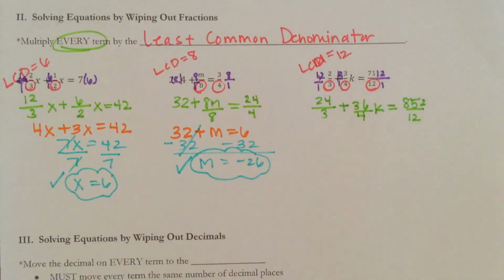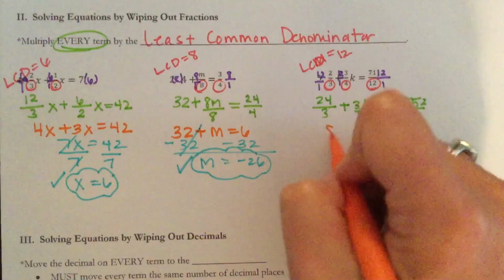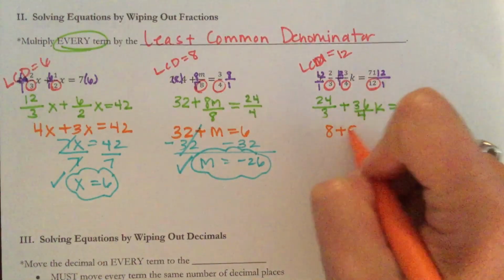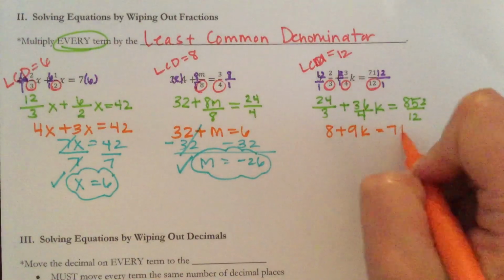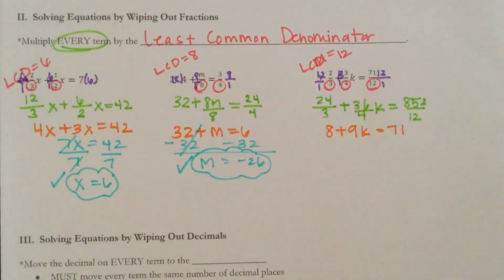Again, if we have done things correctly, we should be able to simplify these fractions, and they should be gone. 24 divided by 3 gives us 8. 36 divided by 4 becomes 9K. And 852 divided by 12 leaves us with 71.